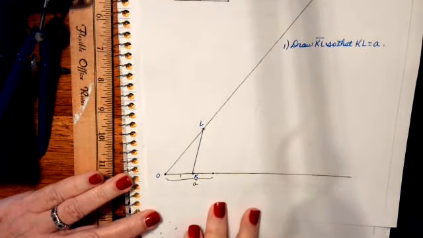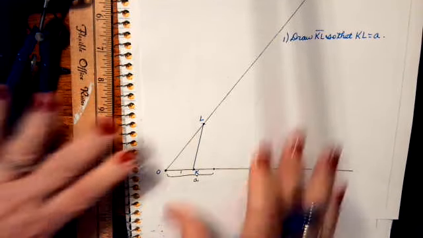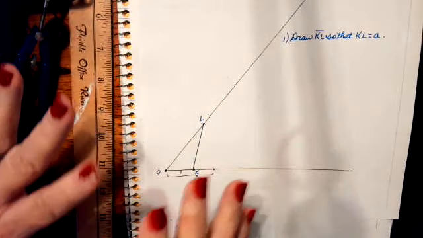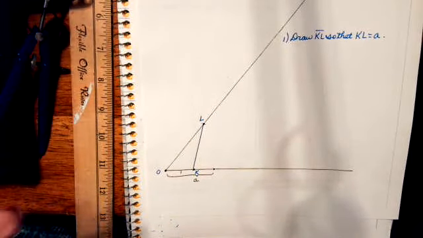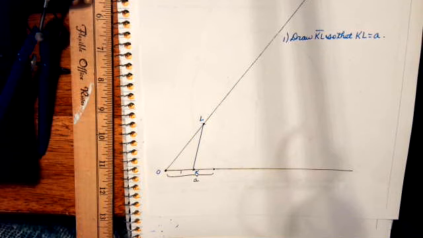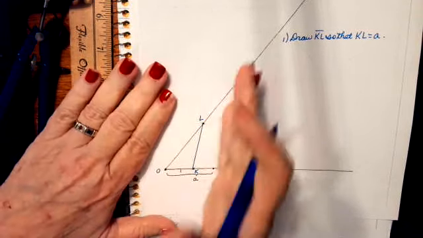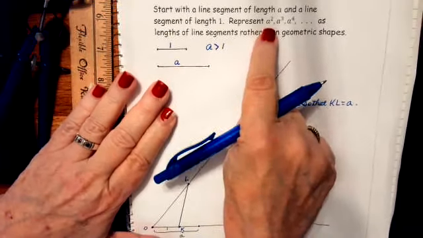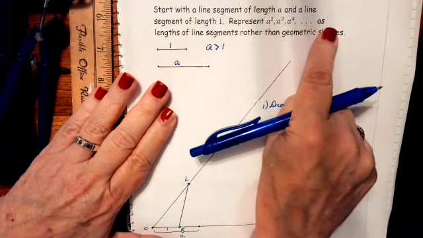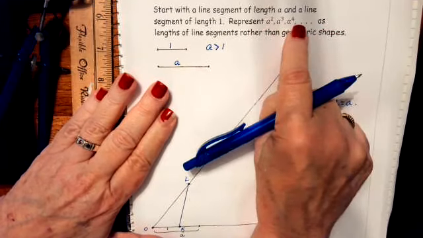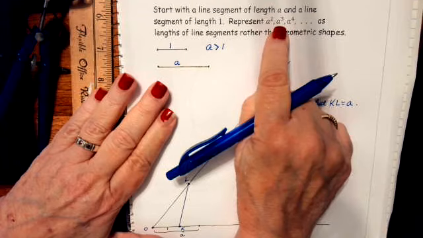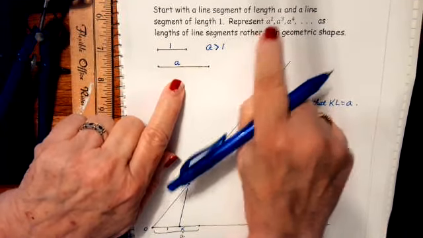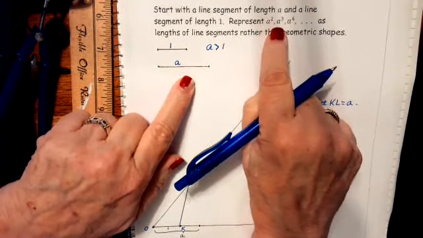Okay. So what we're going to do is what Descartes showed us how to do in his book, or in that appendix, La Geometry. He showed us how to construct line segments that would have lengths of the higher powers of A. Now, this is really important because remember in geometric algebra, A was the length of a line segment, A squared was an area, A to the third was a volume.